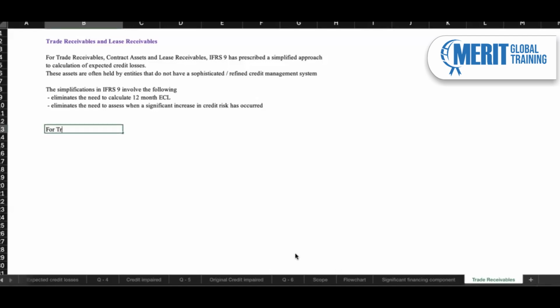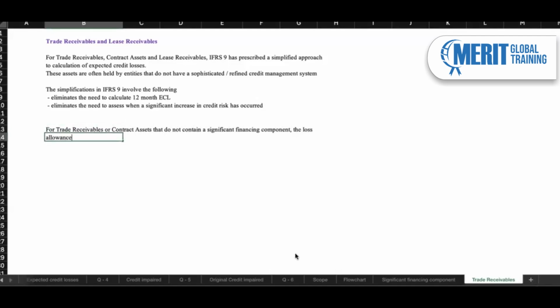So, for trade receivables or contract assets that do not contain a significant financing component. We saw what the significant financing component is.